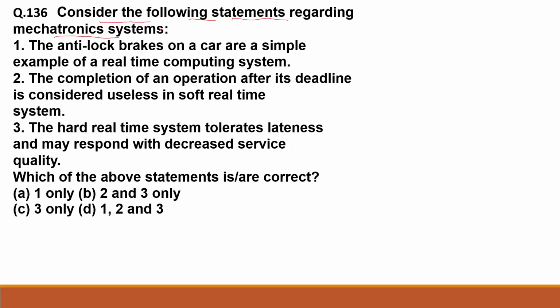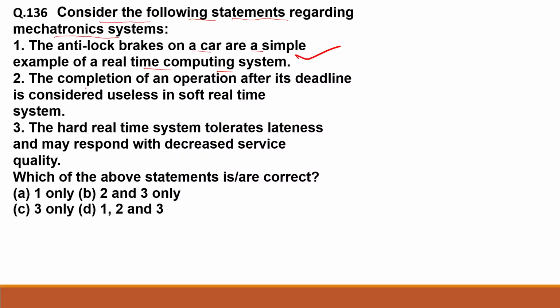The anti-lock brakes on a car are a simple example of a real-time computing system. This is absolutely right, guys, because in the mechatronic system, the anti-lock brakes on a car are a simple example of a real-time computing system.